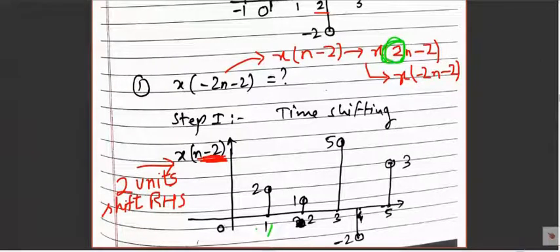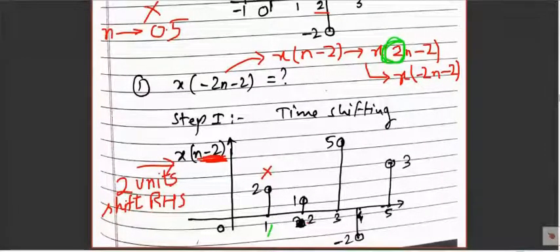But 1 upon 2 is 0.5, and we know that n should always be an integer. So 0.5 is not allowed. This sample will be deleted after scaling.